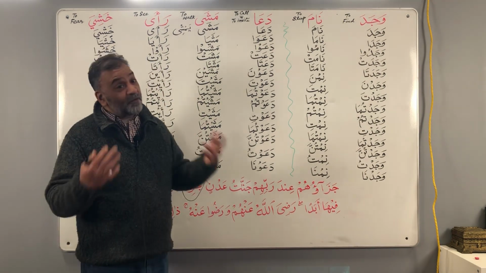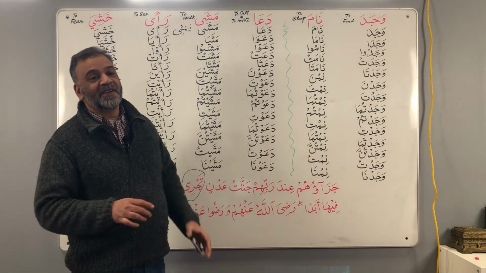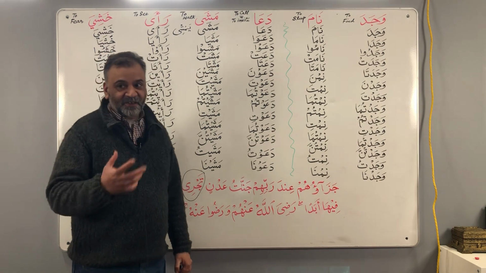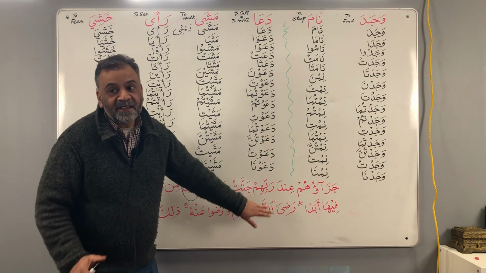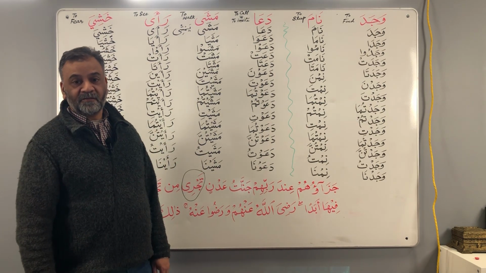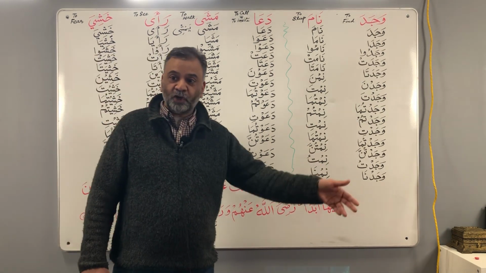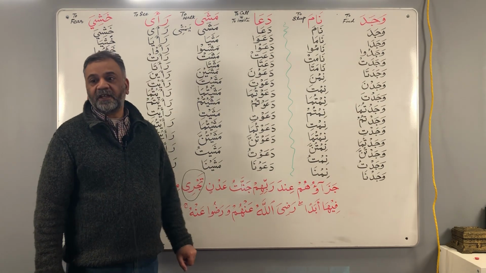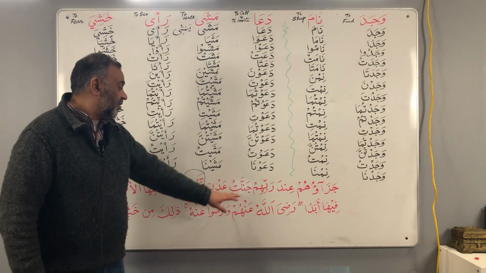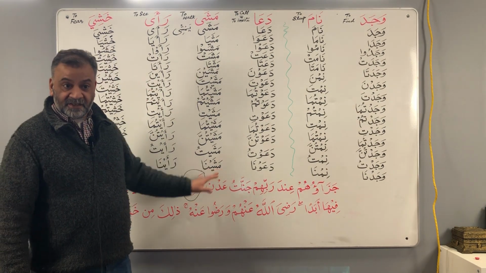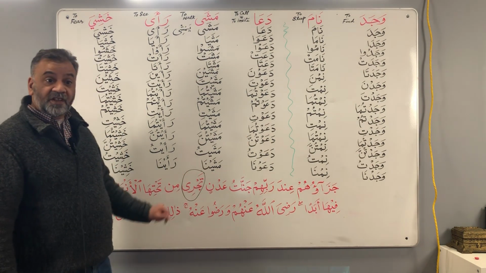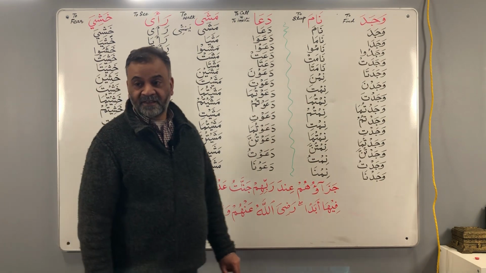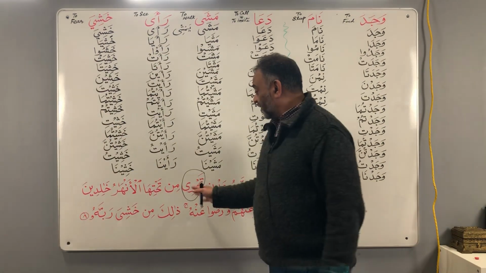So now we are looking at the structure of this ayah. Rabbihim, from their Lord. Mudaf ilayh, okay, from their Lord. Jannatu adnin, gardens of paradise. Tajri, right, running.